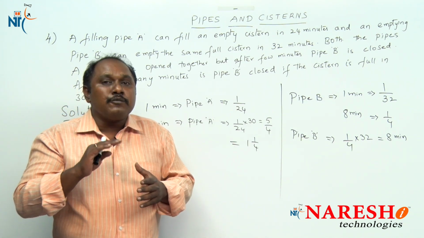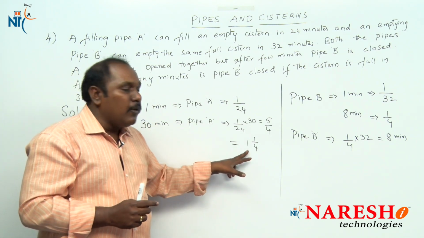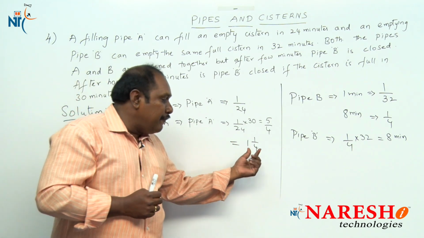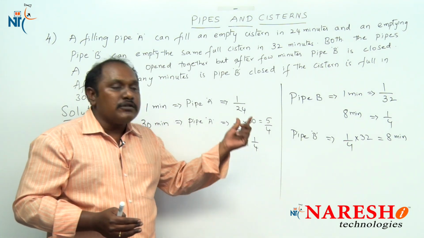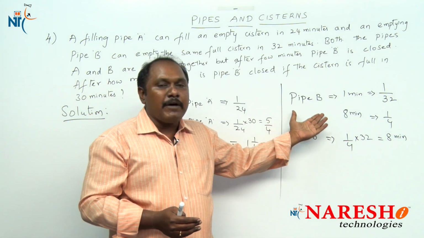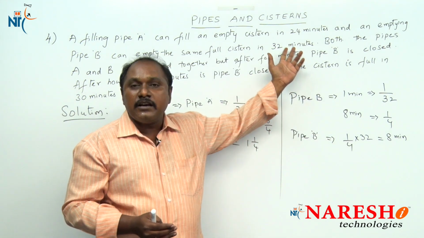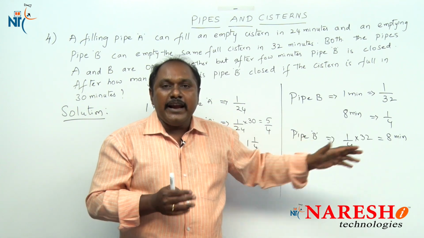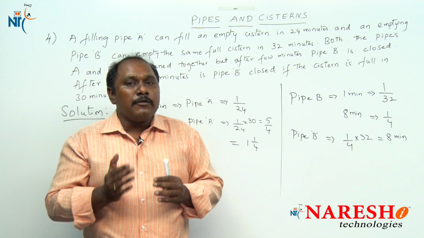That means it has worked 1/4 extra. Actually it should fill only one tank, but it has filled 1 and 1/4 tank. Now why did it fill this 1/4 tank extra? Definitely because this 1/4 tank is emptied by pipe B. Pipe B, to empty one tank, takes 32 minutes, so to empty 1/4 of the tank, it should take 8 minutes. Now this is one way of thinking to solve the problem.